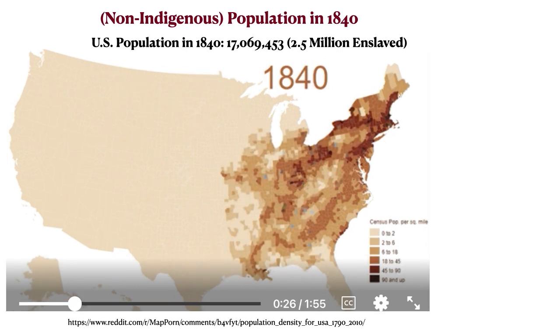And then by 1840, again, 17 million, 2.5 million enslaved. And so the western states, by this time you can see relatively high density in places like Ohio, in southern Indiana. And this is, again, something that's propelling the democratization process.